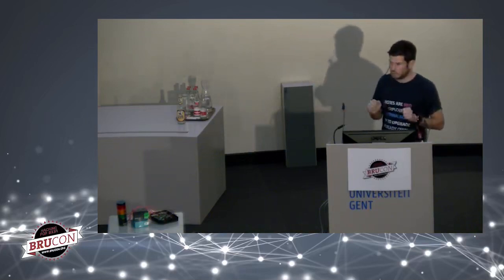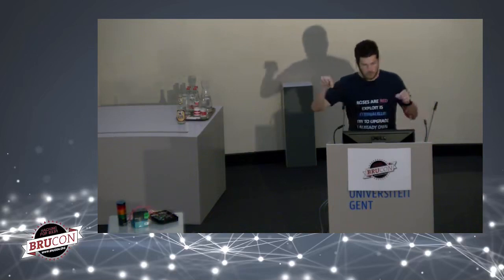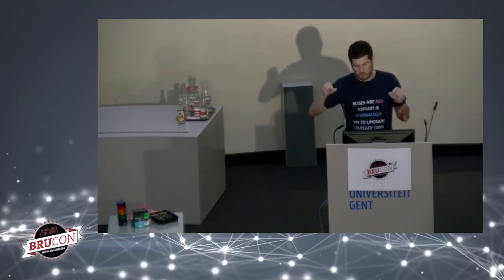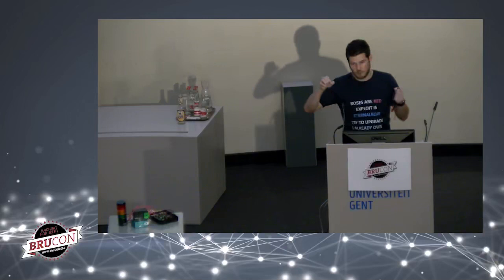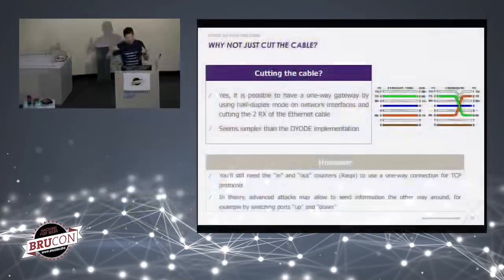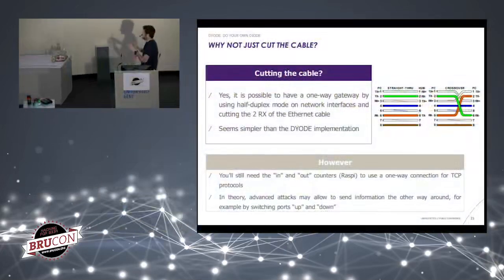Don't know if that's clear, but since the other Raspberry Pi will be able to know if the interface is up or not, you can use that to transmit information. So it's possible, it's simpler, yes, but also it's not a proper data diode, and we wanted to have something that's like the real deal.